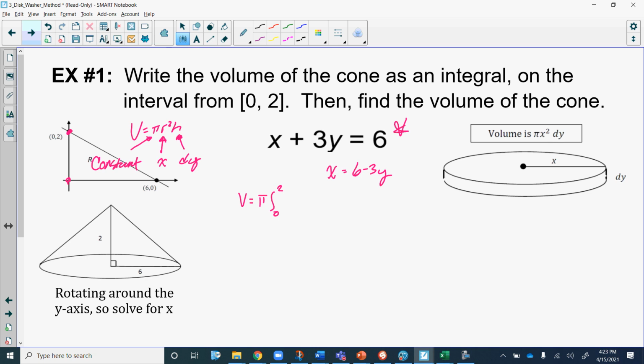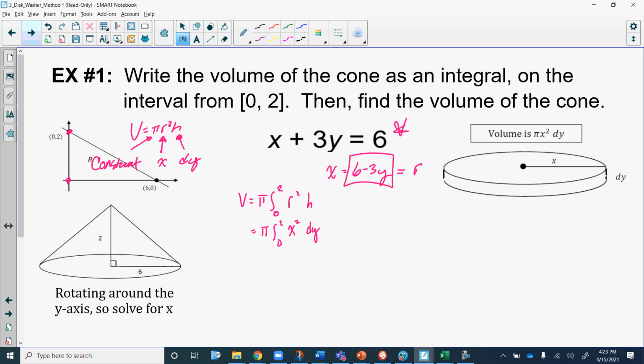Just taking the volume formula, r squared times h, we can rewrite that from 0 to 2, r squared, in this case the radius is the expression that we had in terms of x. So we can replace r with x squared, and we can replace h with delta y.